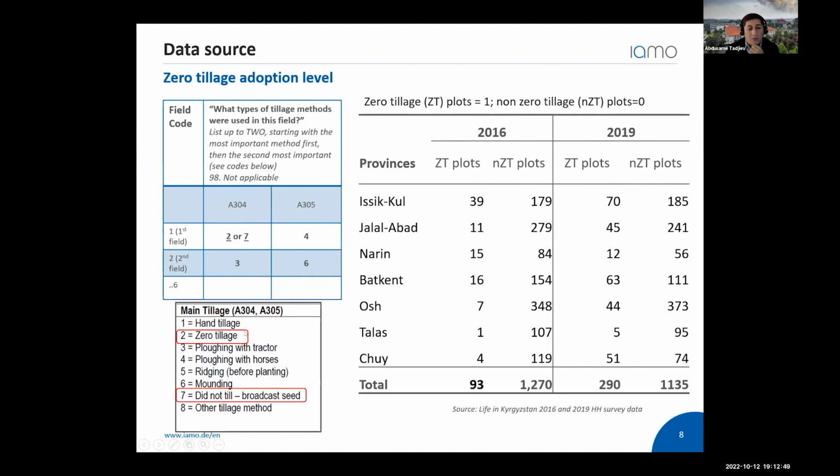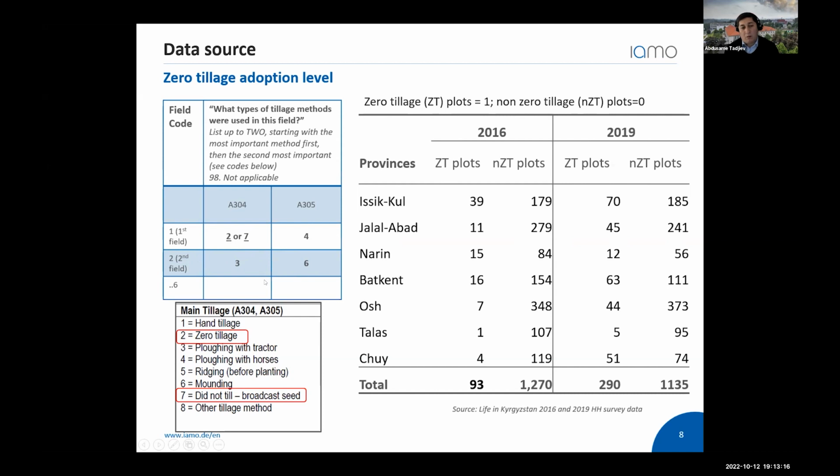In our case, if households choose the second or seventh tillage method, that means these households used zero tillage methods. If they choose other methods, not the second or seventh, then this household is not using zero tillage methods.